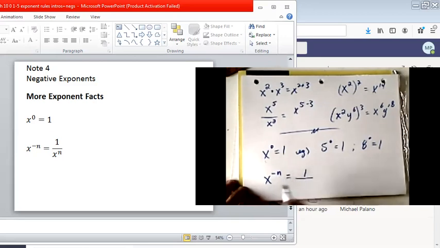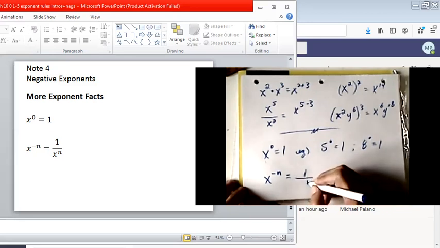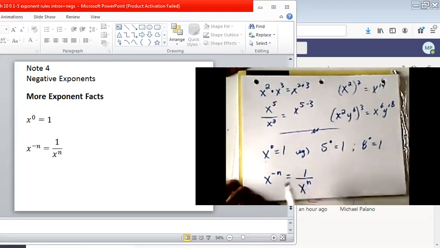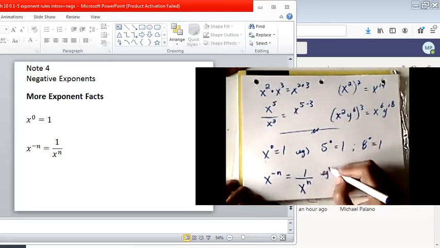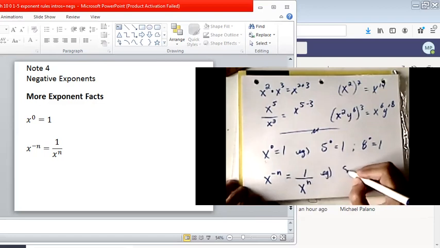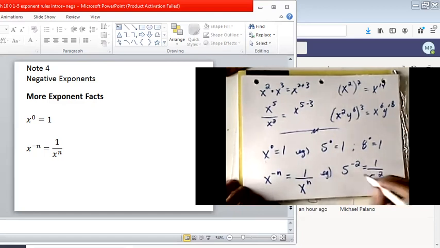It's an n to start with, so it's an n to finish with. The only difference is that it changes from a negative to a positive. The sign changes. So for example, if you have 5 to the negative 2, that's the same as having 5 to the plus 2 on the bottom.